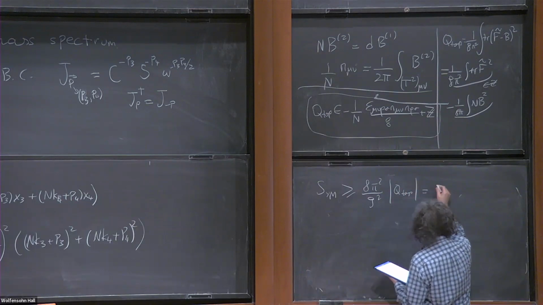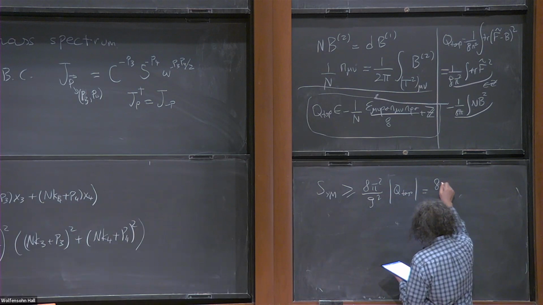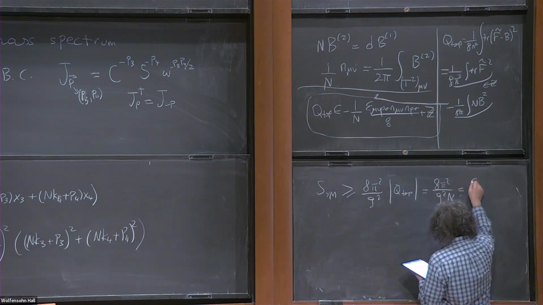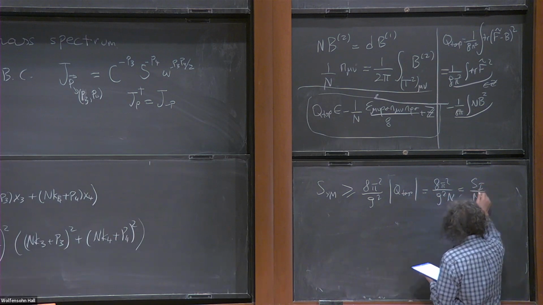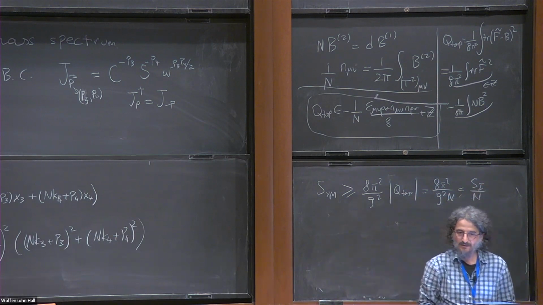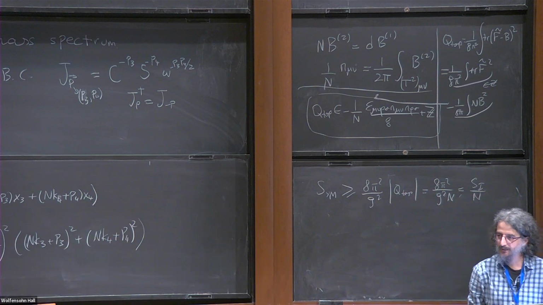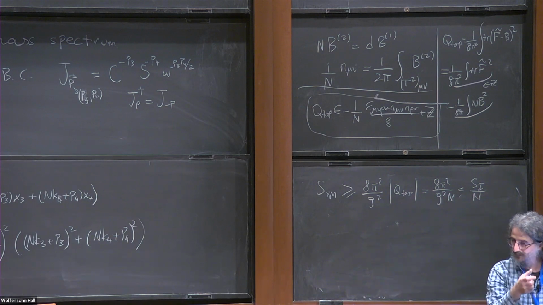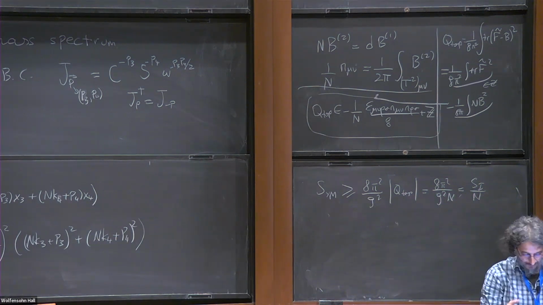With Q equal to 1 over n, that's 8 pi square divided by g square n, an instanton over n. And you see the same combination also appears here from our earlier analysis, but for completely different reasons.